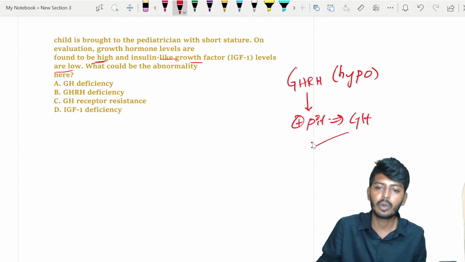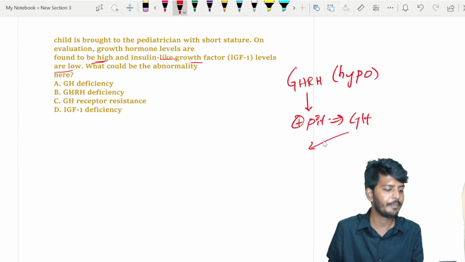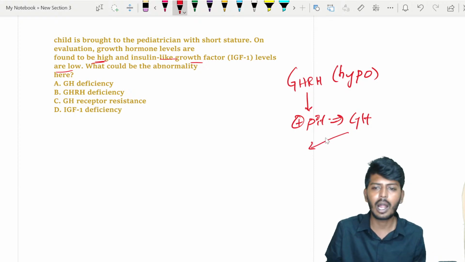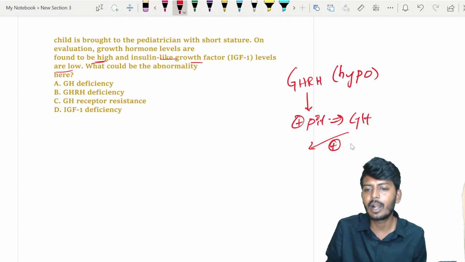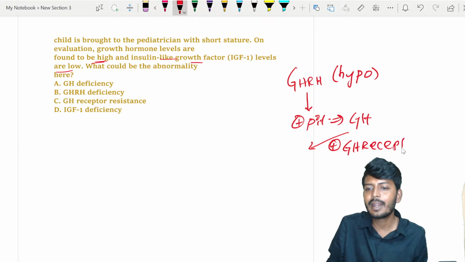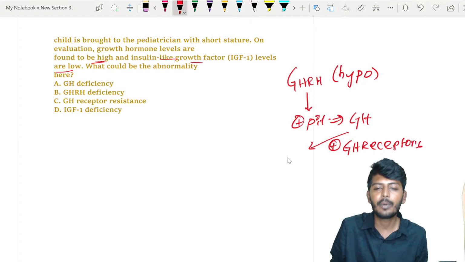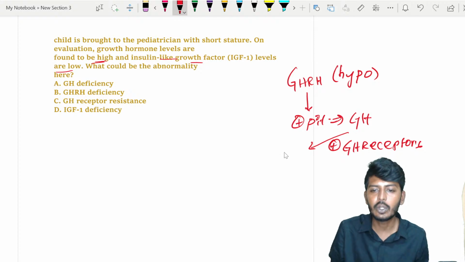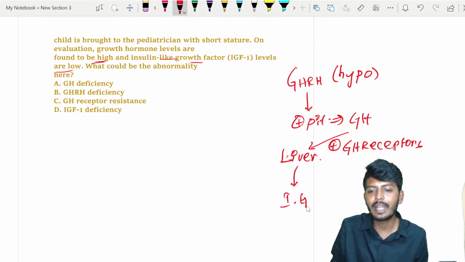Now growth hormone goes and stimulates something called growth hormone receptors. Where are these growth hormone receptors located? Usually they are located in the liver. From there, your liver will produce insulin-like growth factor 1.